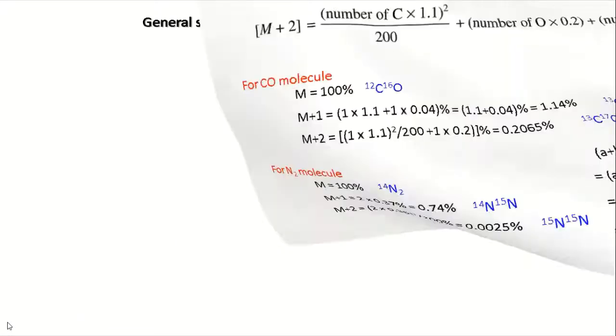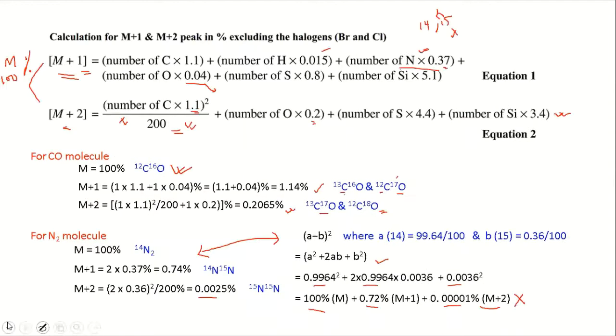Now what we'll see is, sir, in general, for carbon monoxide, why is M plus 1 13C and 16 oxygen? This 13 means the isotope 13C6.